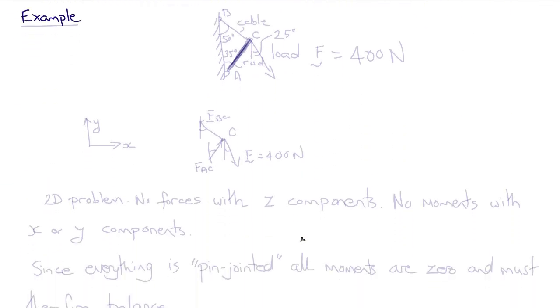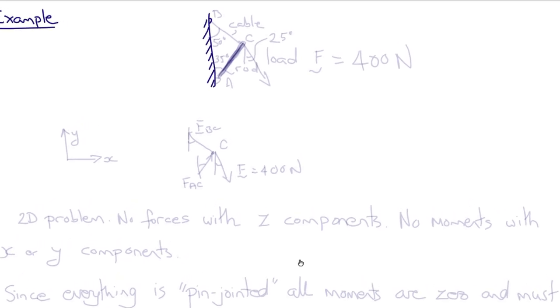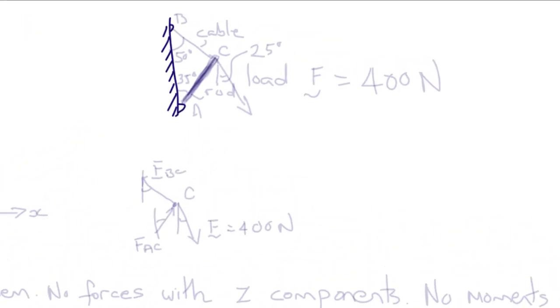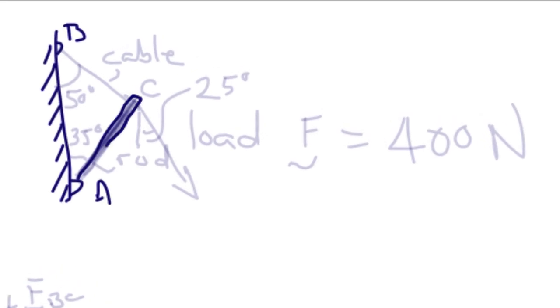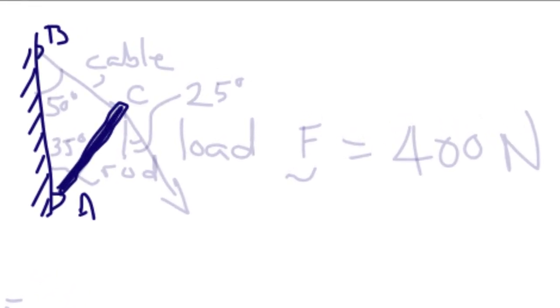So let's do a simple example that we can complete in class. So here's a wall with a pin-jointed structure. We have at A and B connections of the structure to the wall. The structure connecting A to C is a rod.